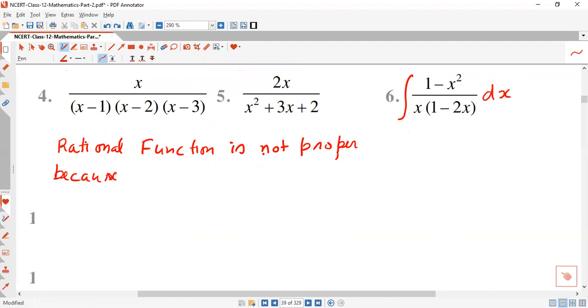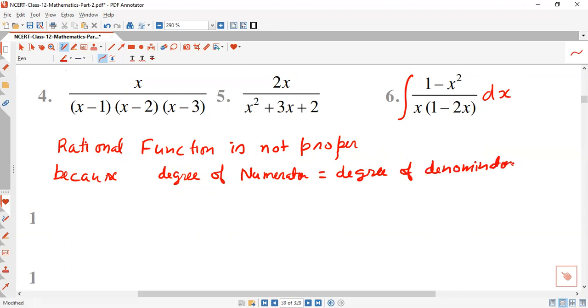Say the degree of the numerator is 2 and the degree of the denominator is also 2. So this is not a proper rational function.